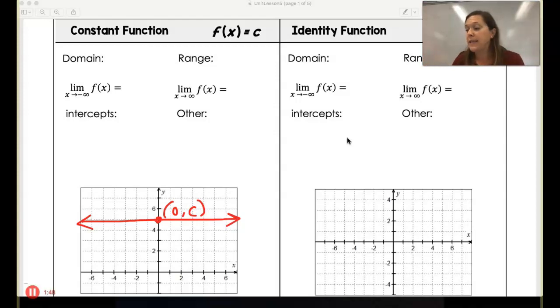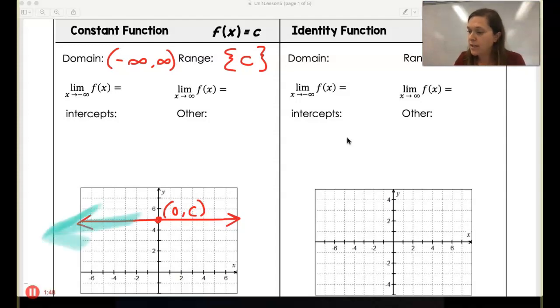So the domain of that function is all real numbers. Our range is just whatever that constant is, so it's the set of just whatever c is. In this specific graph, it would be the set of 5. My range is always 5, right? What's my end behavior as we approach negative infinity?